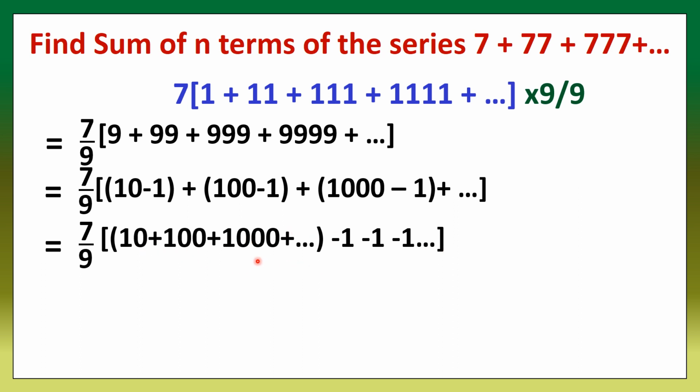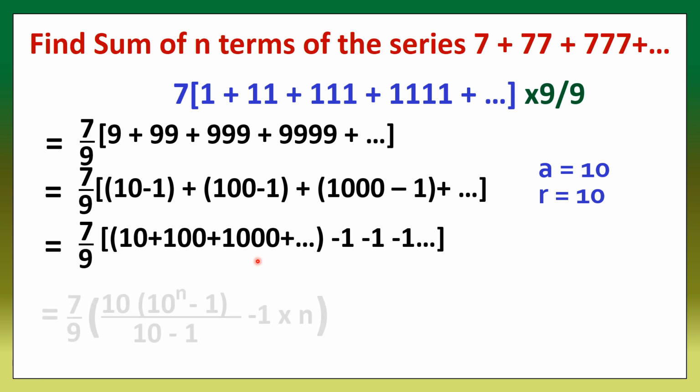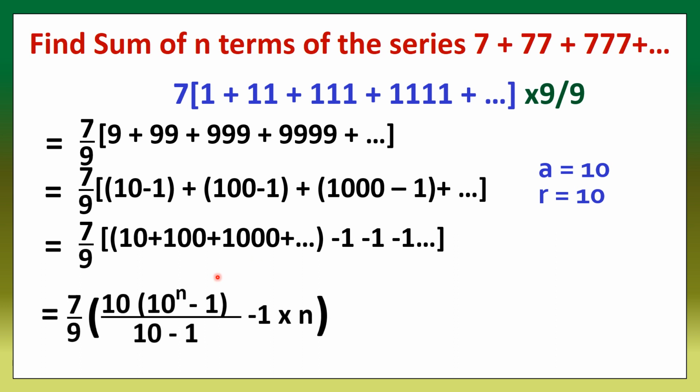Now we can try solving it using the formula to find the sum of GP. Here A, the first term, is 10, and R is also 10. Now we can work it out in the formula. 7 by 9 into 10 into 10 raised to n.